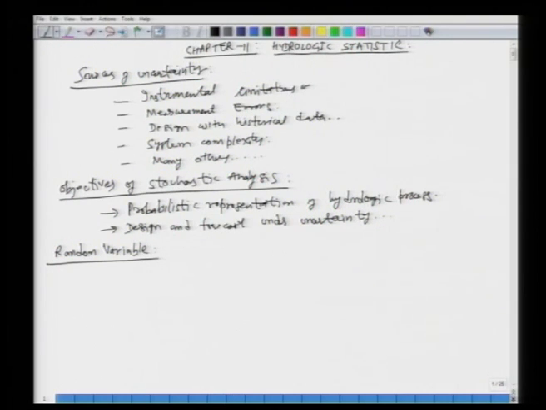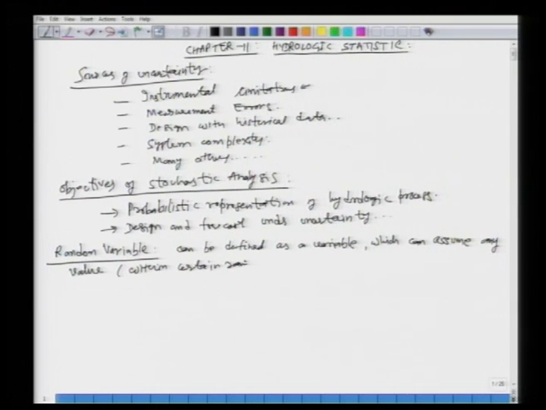As hydrologists, how we are going to define a random variable is that it can be defined as a variable which can assume any value, and that value is within a certain range.